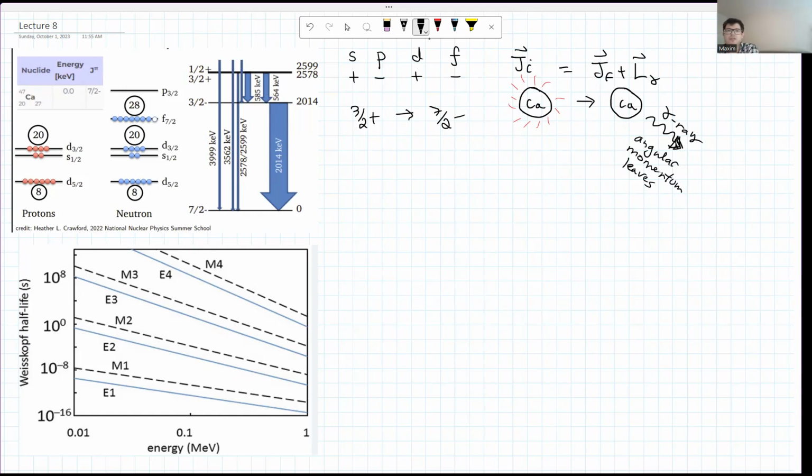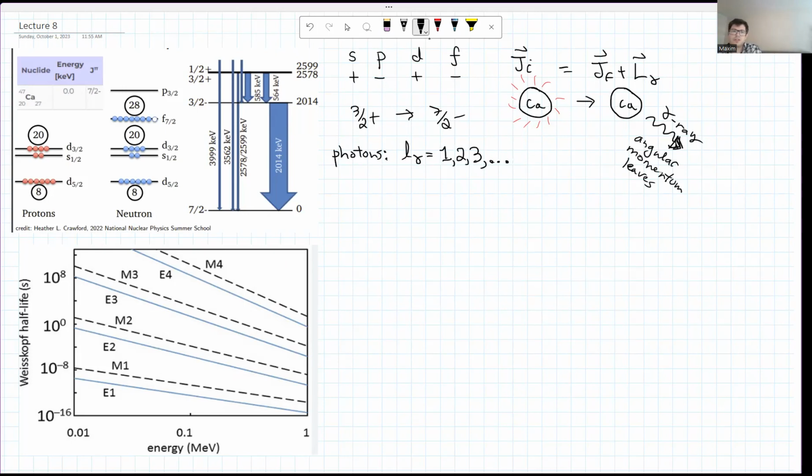And as it turns out, because photons move at the speed of light and they have a polarization, quantum mechanically, they actually are not allowed to have zero angular momentum. They always have an angular momentum quantum number that's at least 1. So it's got one of these for its angular momentum quantum number.